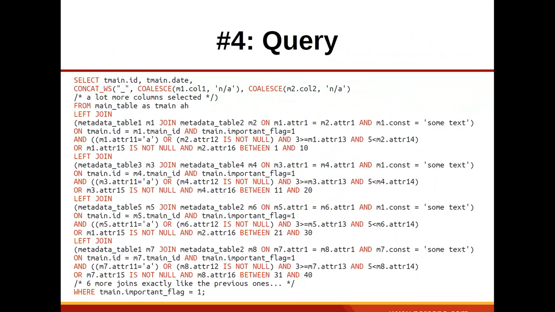Okay, so I didn't even try to put an unformatted version of this on the slides. So we are selecting some formatted values and a lot more columns from a main table, joining metadata tables, metadata table 1 and metadata table 2.